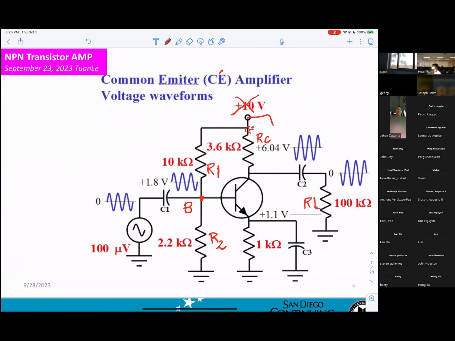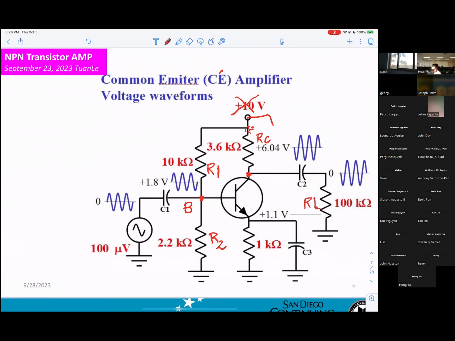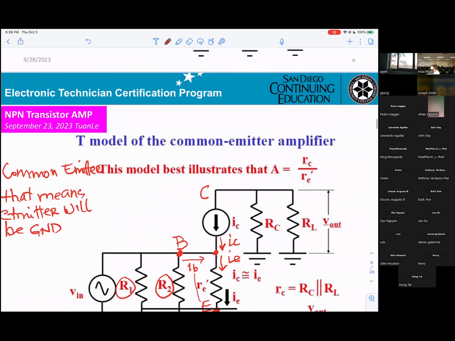At this point here, how do we connect RC? RC connects one side to the collector. How about the other side? To the ground. Perfect. That's why you see RC right here.